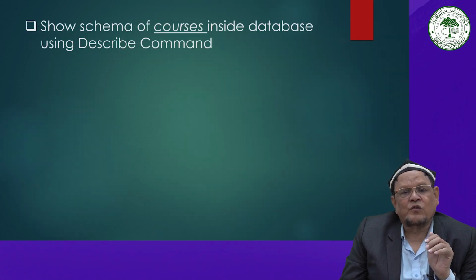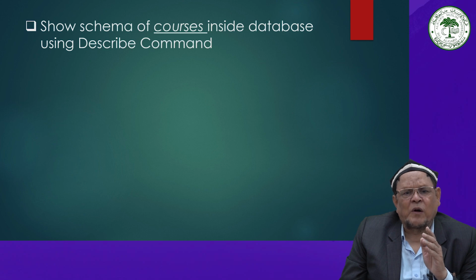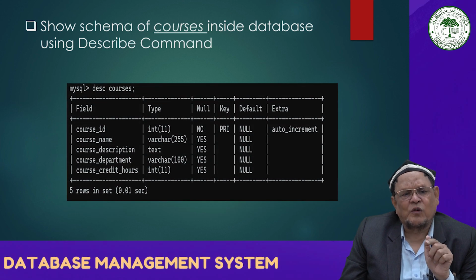Then you want to see the description of the table. On the screen you can see how to show the schema of course inside the database using the describe command. In MySQL you write describe, or you can use the four-letter minimum, DESC courses. Then it will display like that.